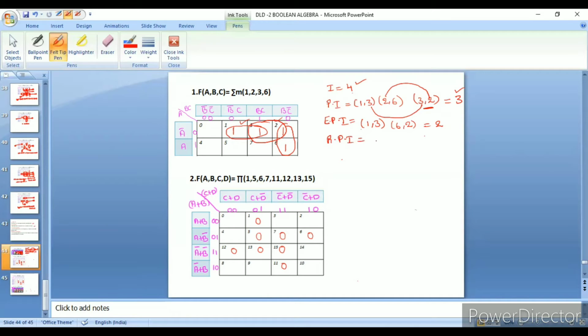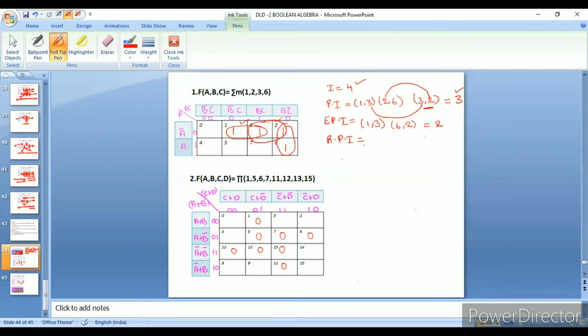Redundant prime implicant means, first of all, it is a prime implicant in which each minterm must be covered by an essential prime implicant. Actually, such prime implicants are not there.